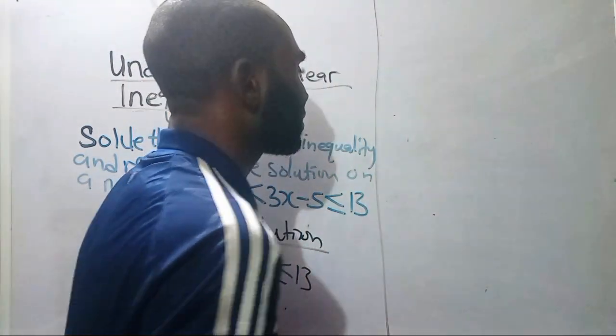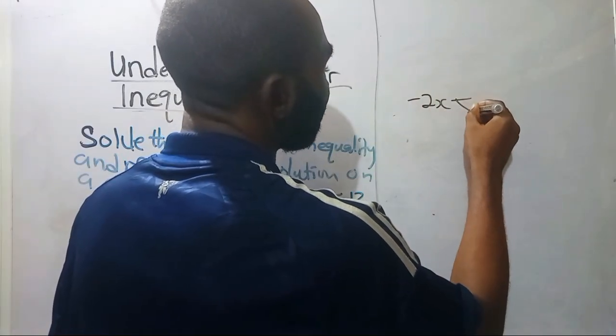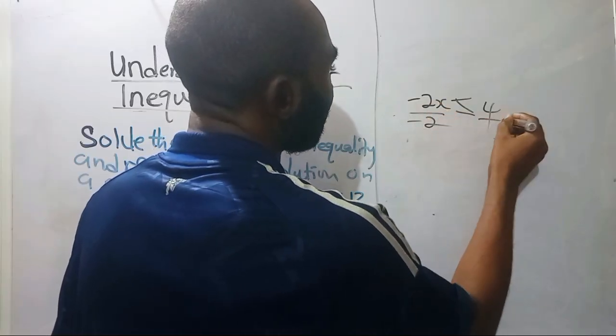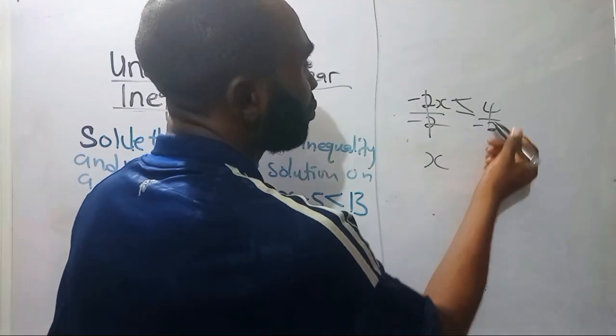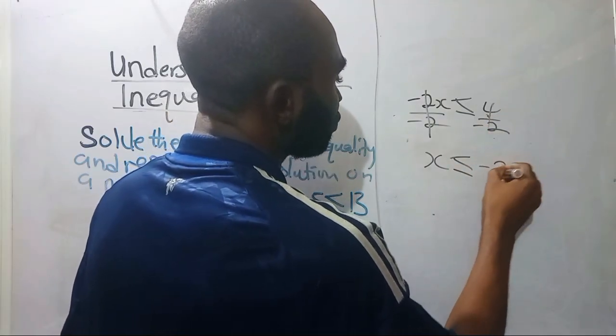What do I mean by that? Assuming you have minus 2x is less than or equal to 4, and you want to divide by minus 2 on both sides, this will take care of this. You get x, but here you are going to have greater than or equal to minus 2, right?